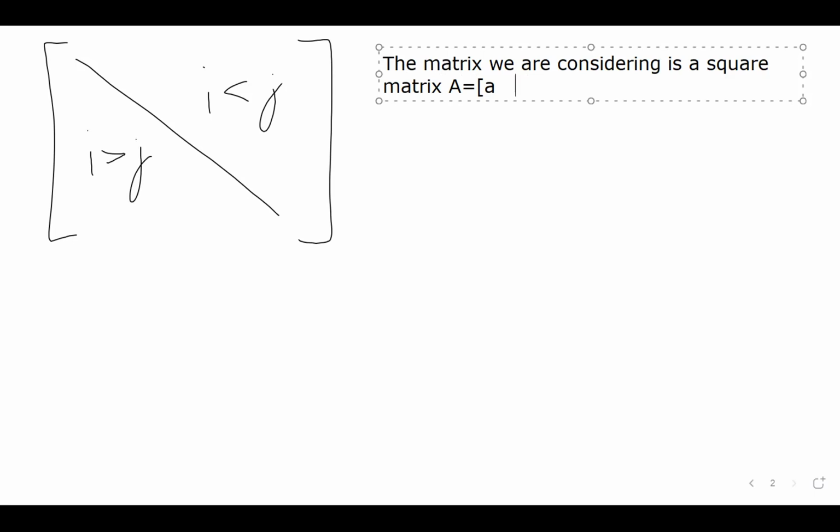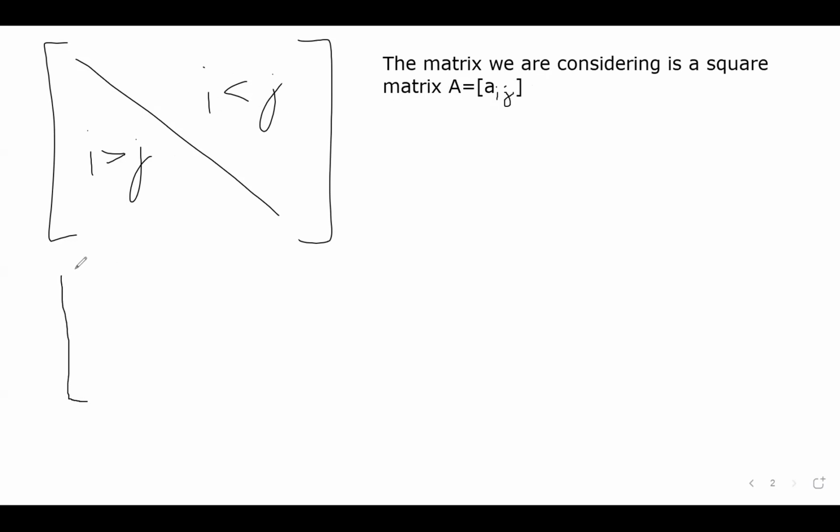So this is the matrix A sub ij. That means the row that this entry is in is row i, and the column it's in is column j. So when you look at these entries a sub ij, when i is greater than j, it's below the main diagonal. And when i is less than j, it's above the main diagonal.